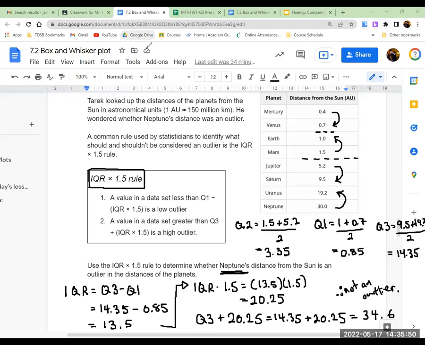Can you use those 5 numbers to draw a box and whisker plot? And the last ones: you have to learn how to talk about a box and whisker plot based on what you're arguing. And then the last one is outliers. That one you might need to practice because there's a little bit of math involved.